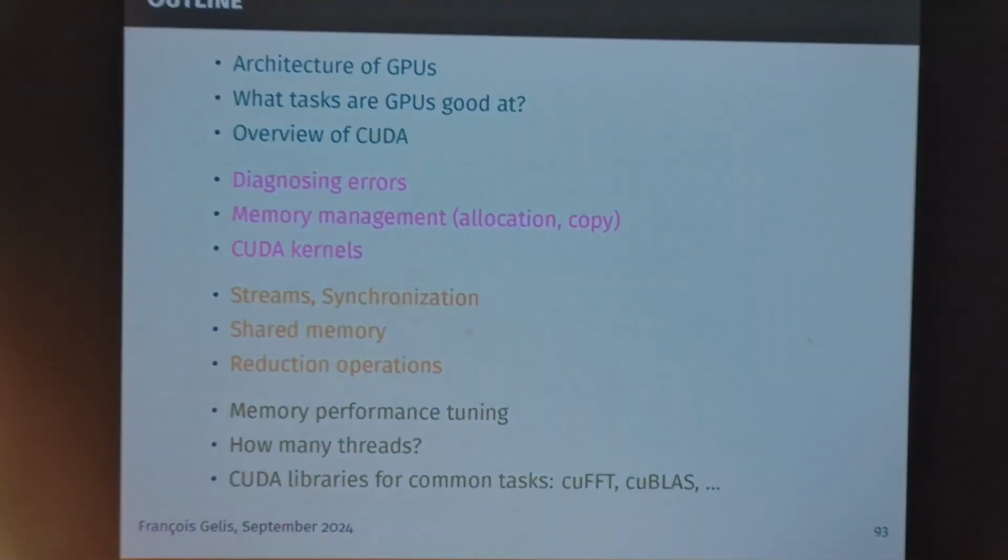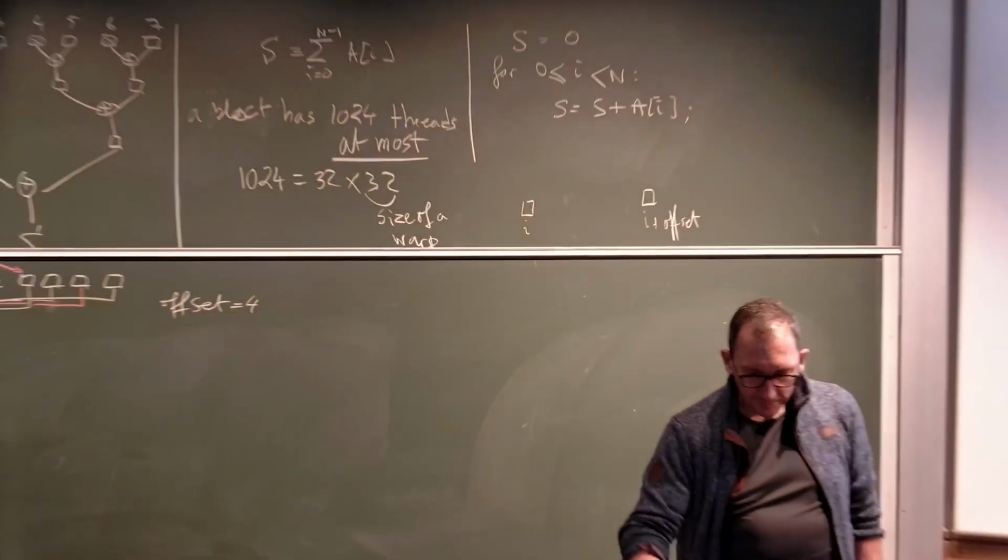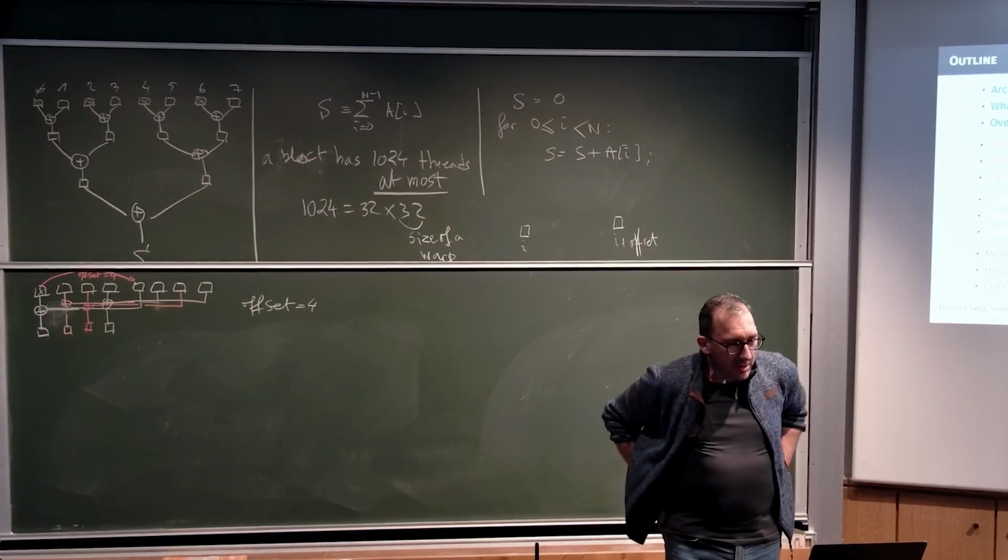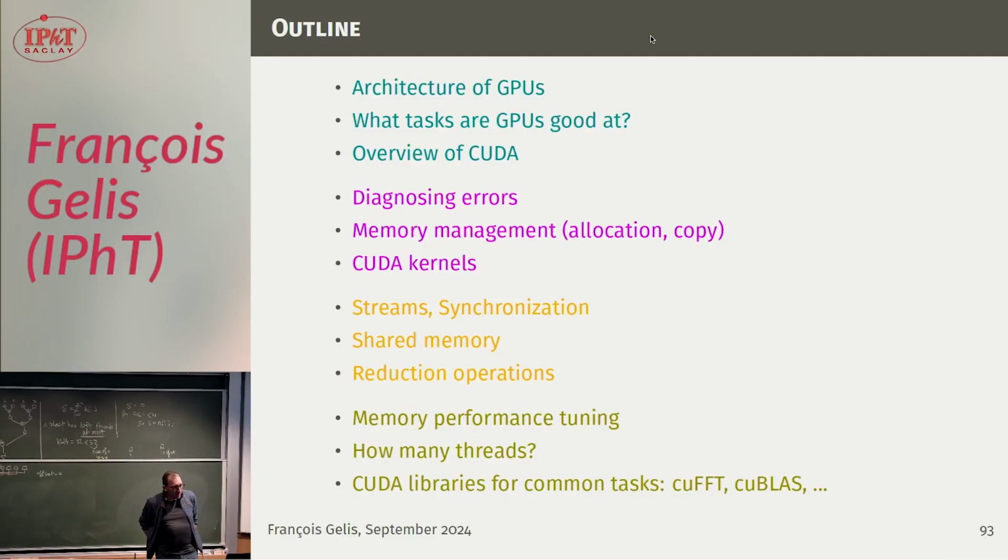And I just want to advertise what I'm going to talk about next week. So next week, the goal is twofold. A big part of next week will be devoted to discussing some aspects of how one achieves good performance with CUDA.